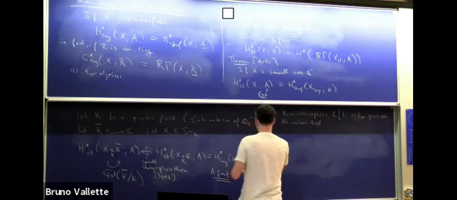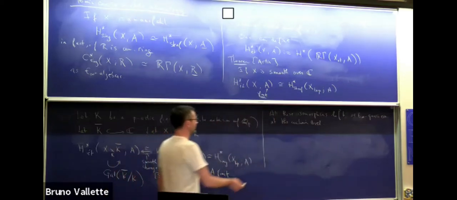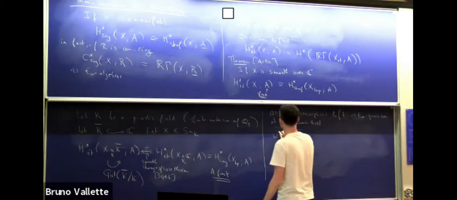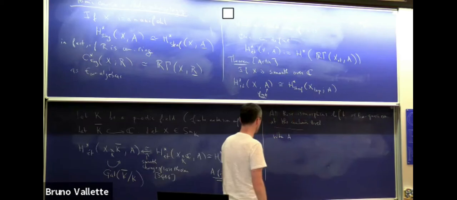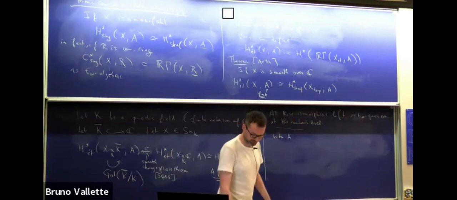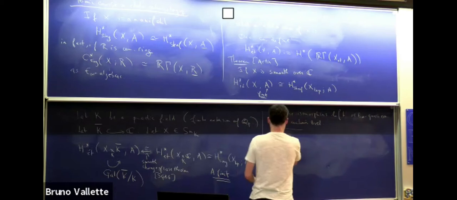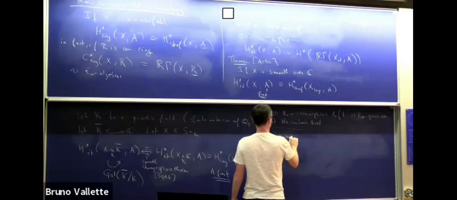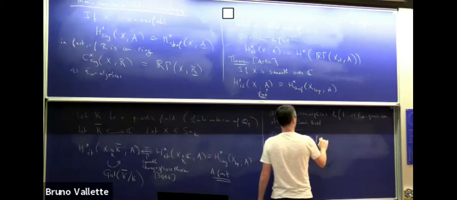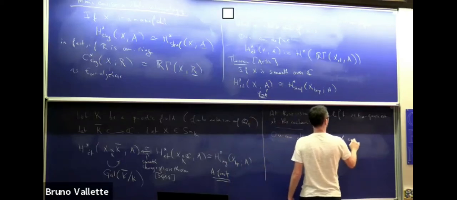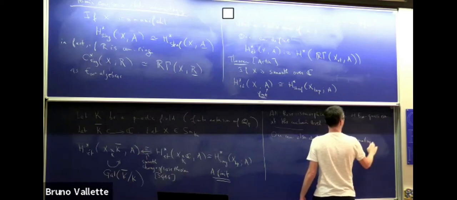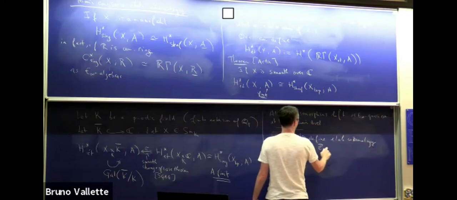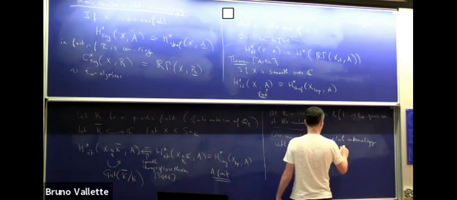Maybe one thing I should say: what happens when A is not finite? Well, there is something called étale cohomology with L-adic coefficients, in the L-adic integers or the L-adic numbers.